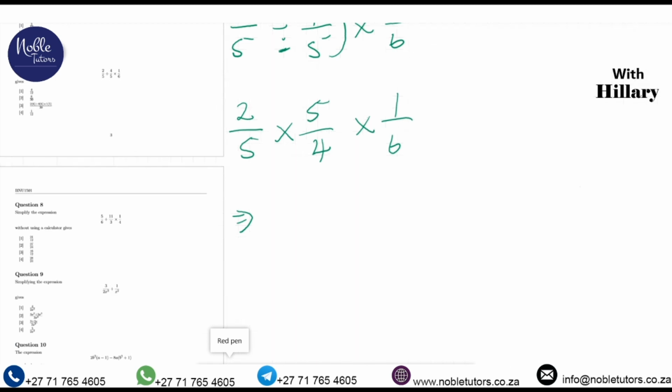Then from there, you multiply 2 times 5 times 1. You get what? 10. Once you get your 10, that's what we have, over 5 times 4 times 6, which is what? 120. Then you can divide 10 into 10, it's 1, into 120, it's 12. So your final answer will be 1 over 12.